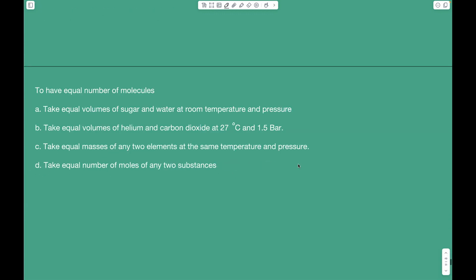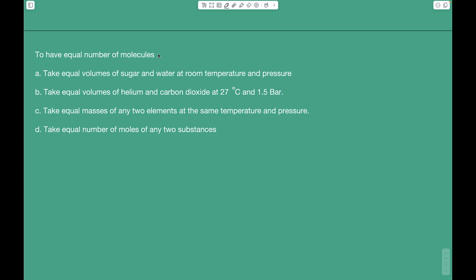What do we have next? To have equal number of molecules, take equal volumes of sugar and water at room temperature and pressure. See, equal volumes having equal number of molecules logic at any given temperature and pressure is applicable only to gases. But at room temperature and pressure, sugar and water are not gases, so you cannot apply that logic here, so this may not work.